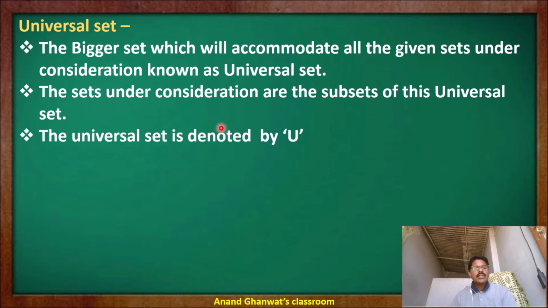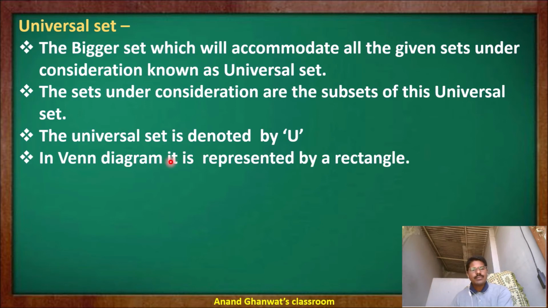The universal set is denoted by the capital letter U. So capital letter U is used for representation of the universal set. In a Venn diagram, it is represented by a rectangle only. So you should use a rectangle for showing a universal set.